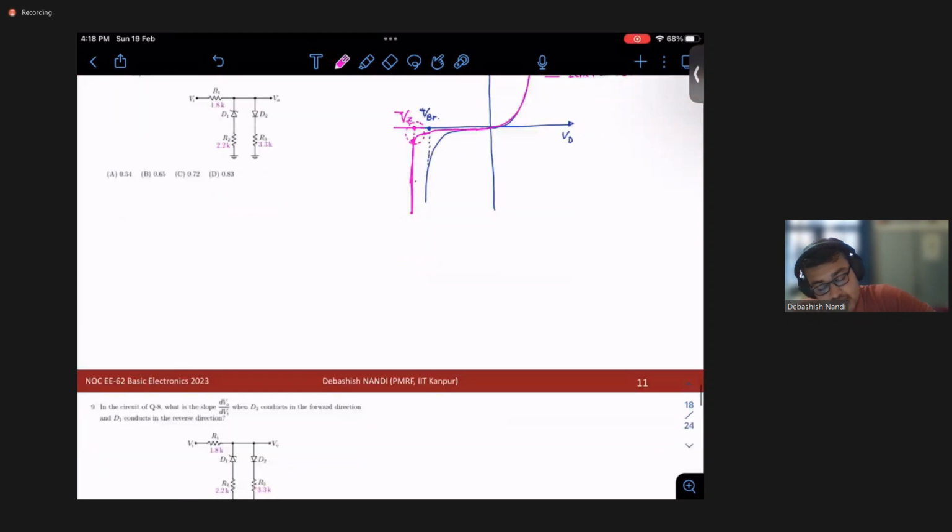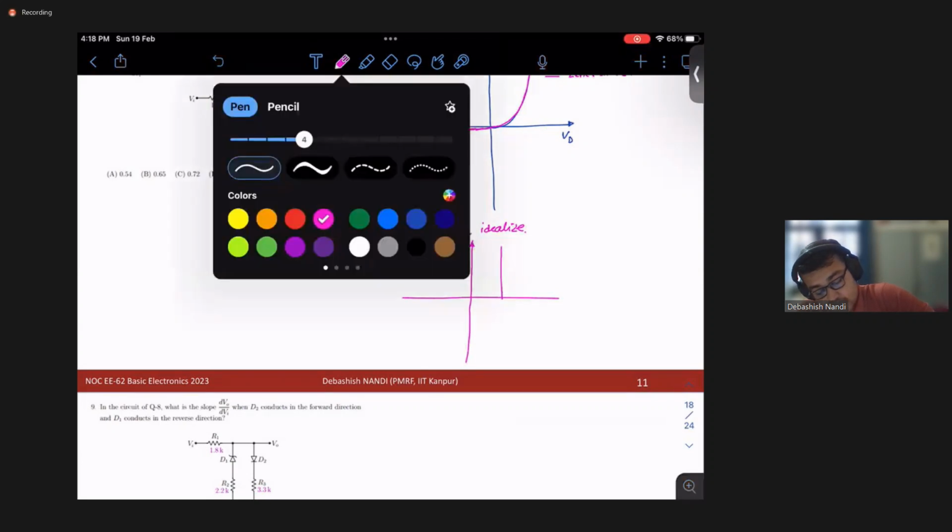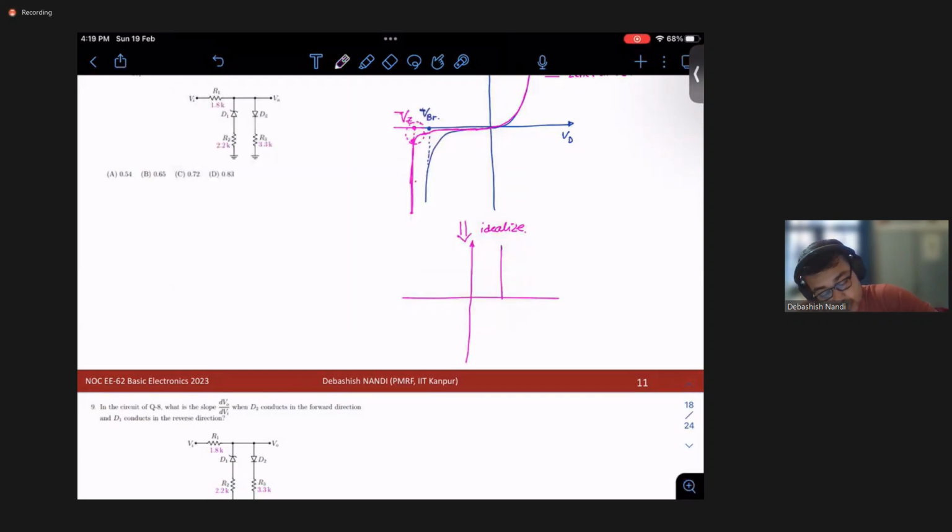If I just idealize the circuit, how Zener diode plot in a constant voltage drop model looks like is this. This is your 0.7 volt, this is your VD, this is ID, and this is your VZ, actually minus VZ, right?